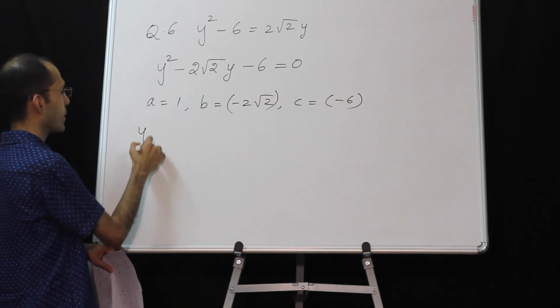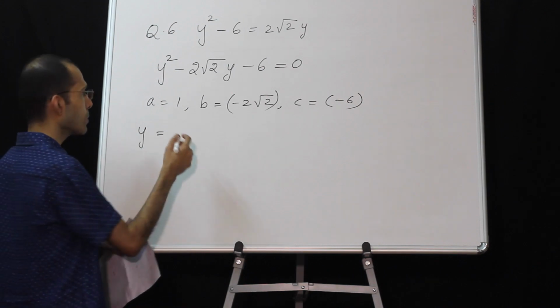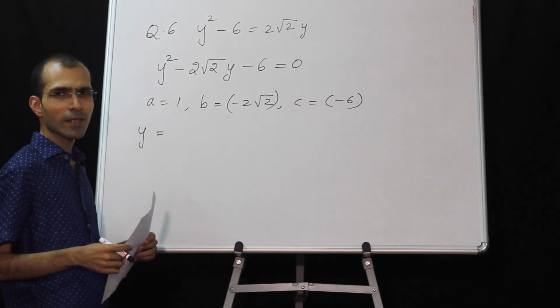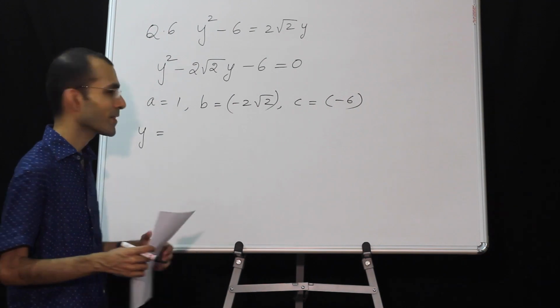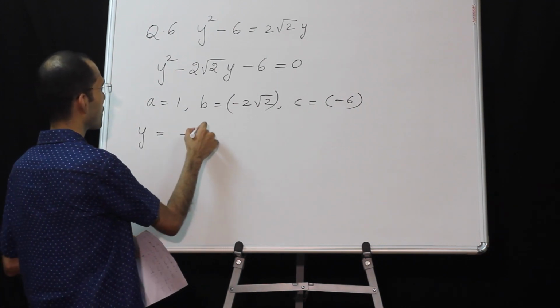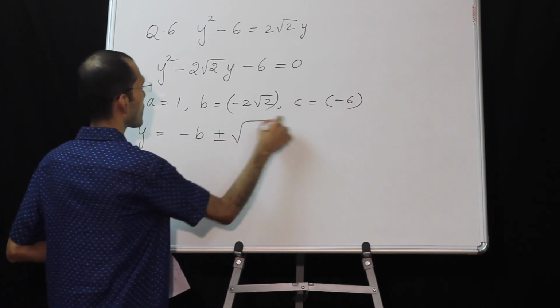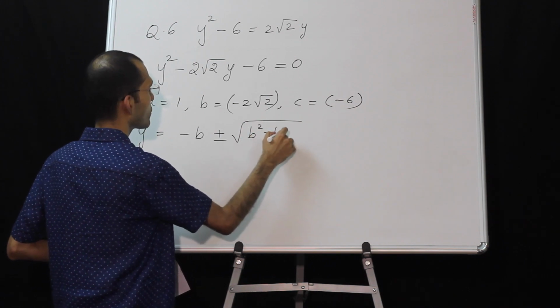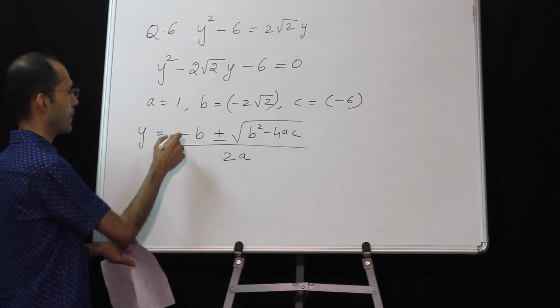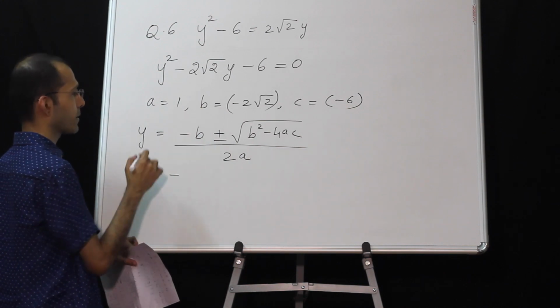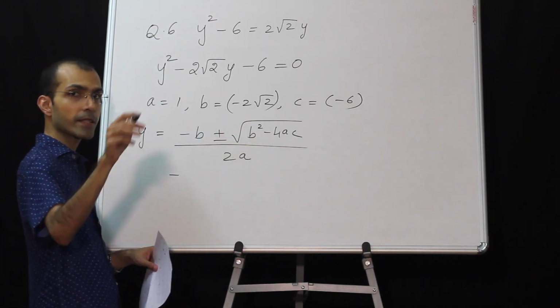Now we use the formula y equal to, what does the formula give us? It gives us the roots of the equation. So y is equaling minus b plus or minus square root of b square minus 4ac the whole divided by 2a. Bring down the minus sign. B itself is negative.